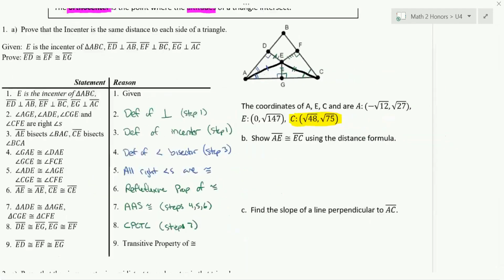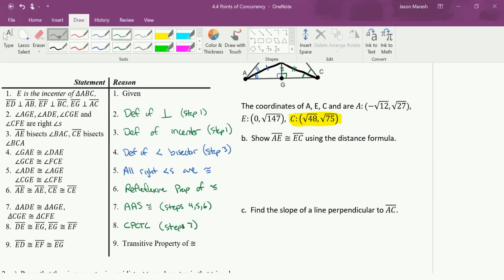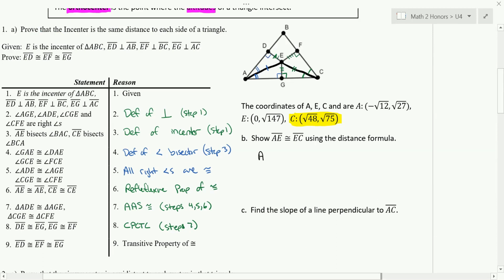Now let's go to part B. In part B, we want to find the distance from A to E. You want to be familiar with the distance formula. Take the x value from A and E and subtract them.